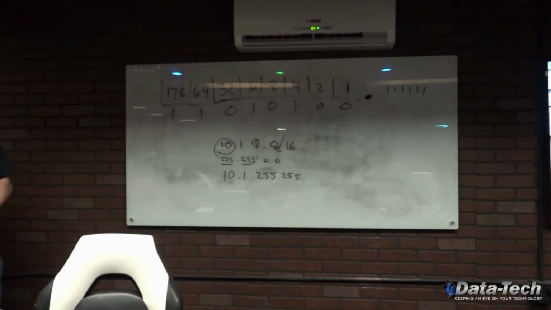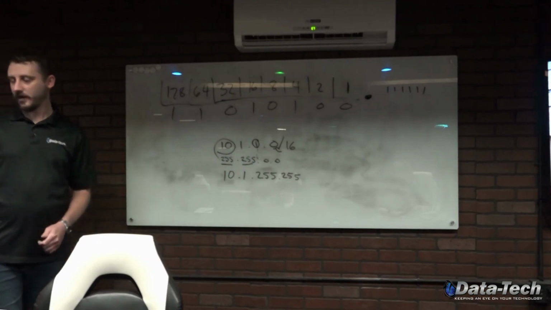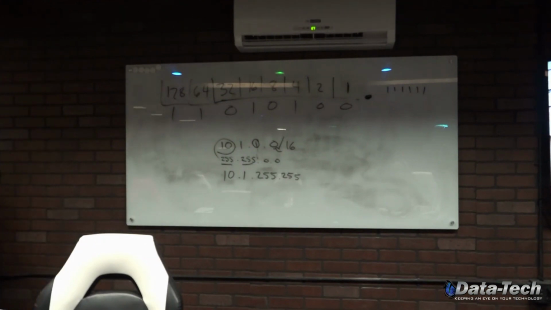Why? They're provisioned. Who was it? IANA. The organization that dictated all of the internet back in the 80s. They decided that. IEEE, right? Yeah, IEEE.